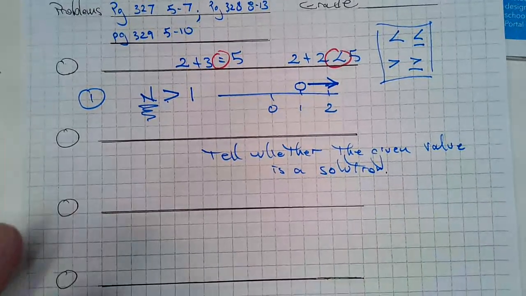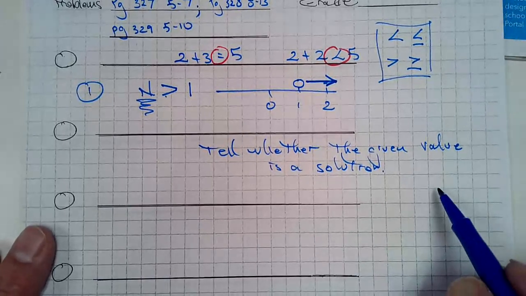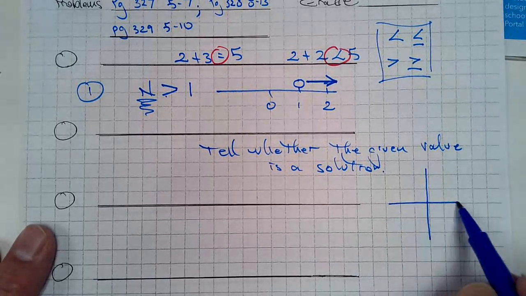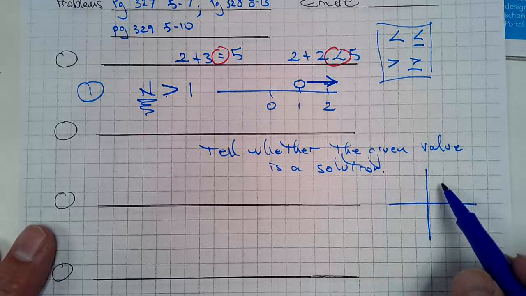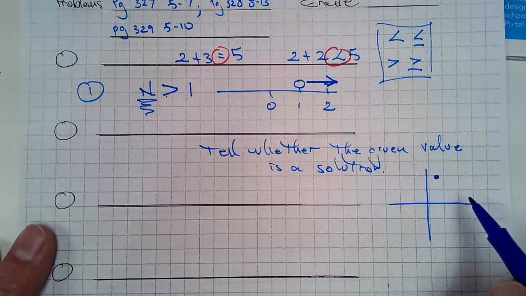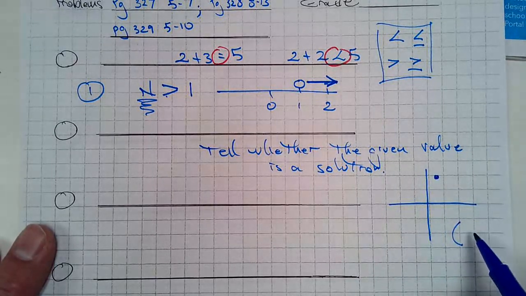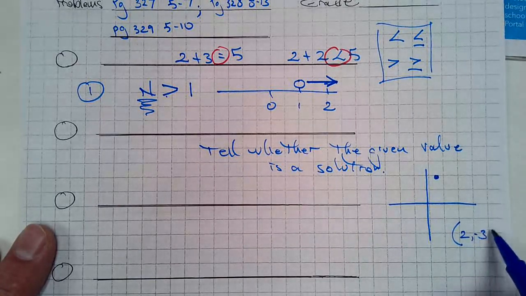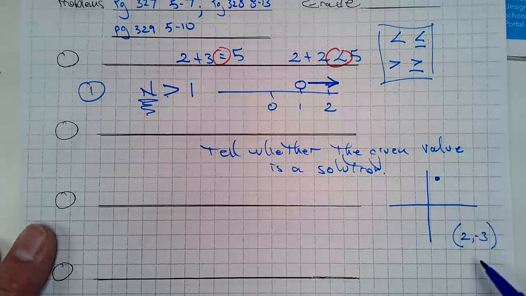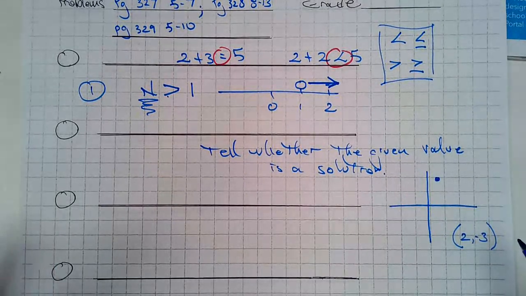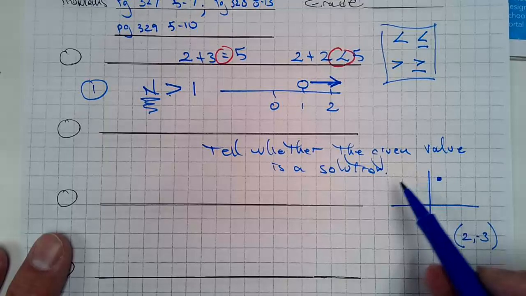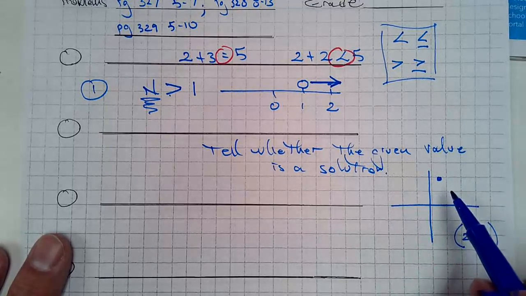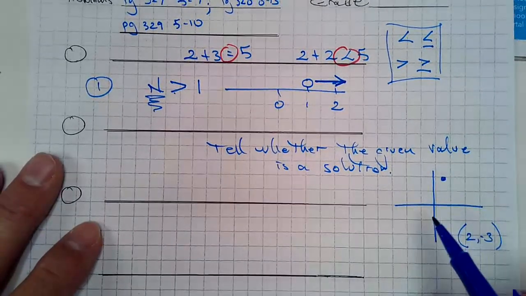You guys did something like this a couple weeks ago. Remember where we would have a graph and they might have a point on the line somewhere, and then they'll ask you if 2 comma negative 3 is a solution to the equation. We did some of those. This is kind of the same thing. You're plugging in what they give you, and we'll see if it works.